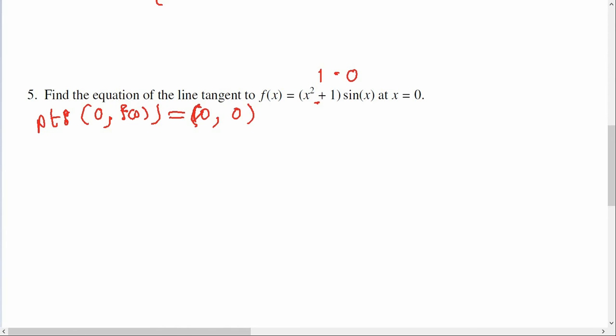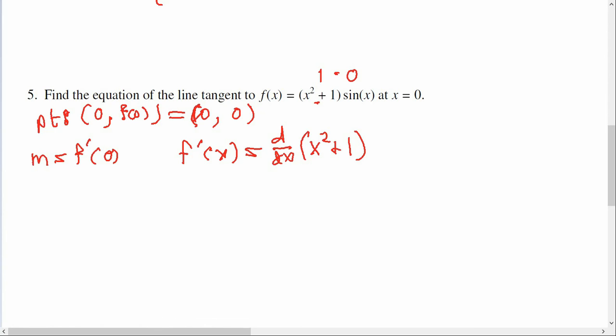Now to find the slope, because that's the other thing I need, that's going to come from my derivative evaluated at 0. So in this case, let's take our derivative. I'll get f prime. Let's do just the general derivative first, then we'll plug 0 into it. It's going to be a product rule. It's going to be the derivative of x squared plus 1, the derivative of the first, times sine.